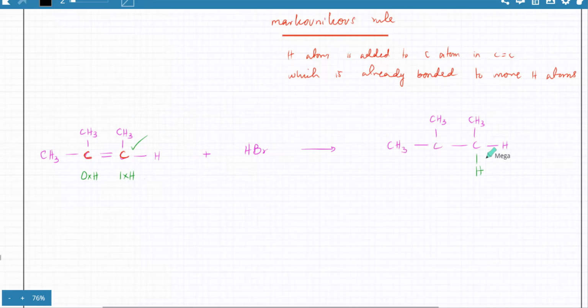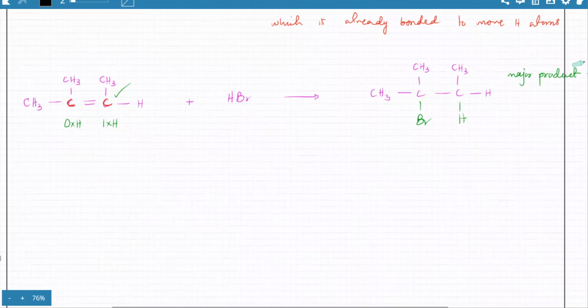And the Br would then by default bond with the other one. And that's going to be called your major product. That's your major. The other way around is also possible, but that would be called your minor product.